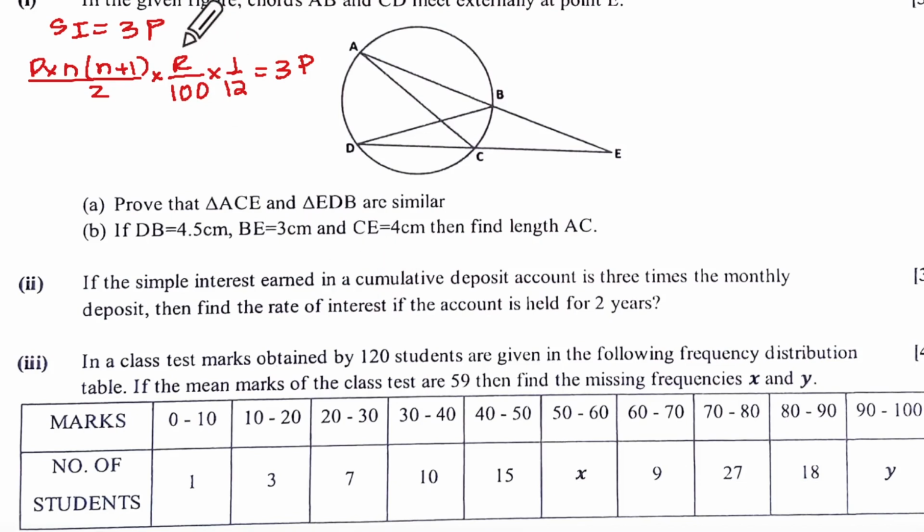Yes, ma'am. Okay, now here put comma, and what are they telling you? Find the rate of interest, the account is held for 2 years. Means time is equal to 2 years, which means n is equal to 24 months.